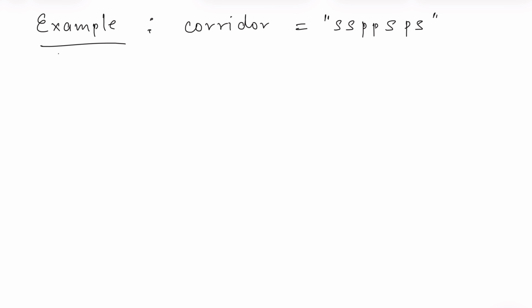Let's mark the indices of this corridor string. They start from 0, 1, 2, 3, 4, 5, 6. So in total we have 7 characters, and the string is indexed with these values.